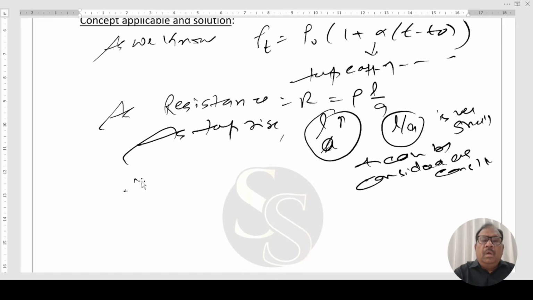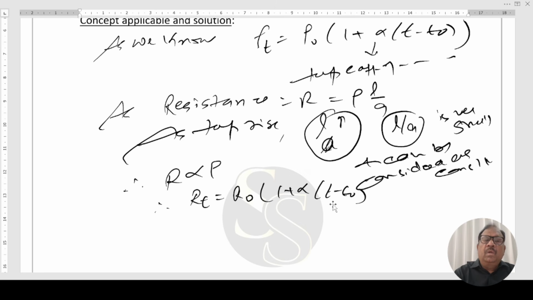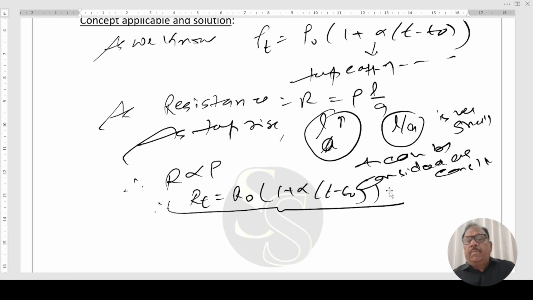Therefore, R is proportional to rho. Therefore, RT equals R0 into 1 plus alpha into T minus T0. Right? In future, we can use this formula directly. This was explained to understand the concepts applicable.